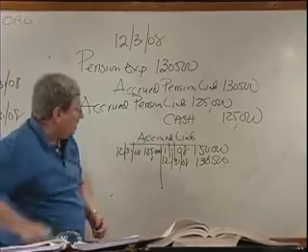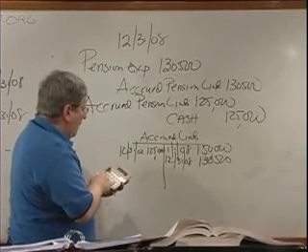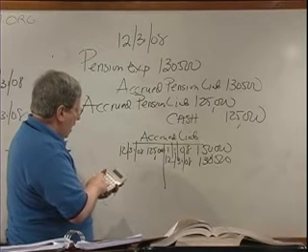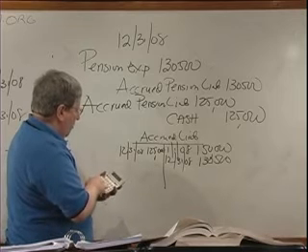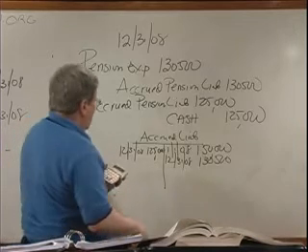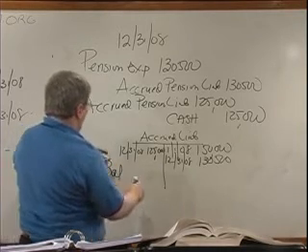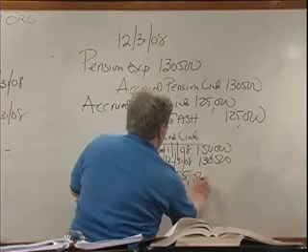Now let's get the balance in this account. We have $150,000 opening balance. We added to that $130,500, and we're going to subtract $125,000. So that equals a balance in the account of $155,500.